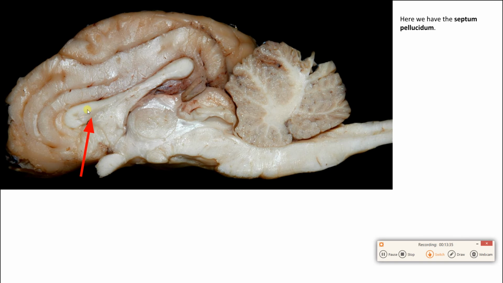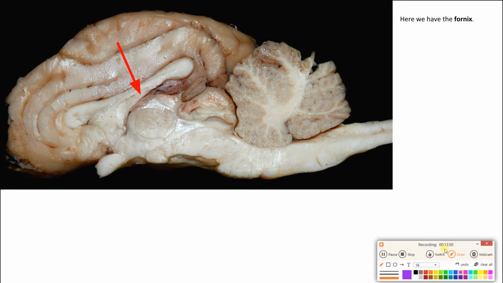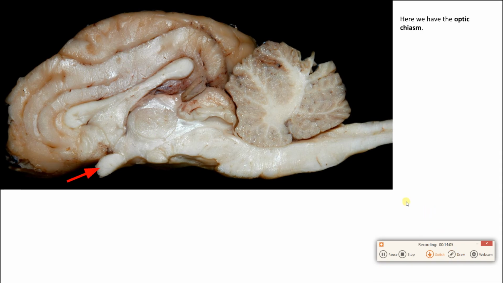That is the septum pellucidum, which separates the lateral ventricle in the right hemisphere from the lateral ventricle in the left hemisphere. All right. We have another bit of white matter that we can see. It's this guy right here. This is the fornix, which is going to connect your diencephalon to your cerebrum. We saw that in the brain model as well.